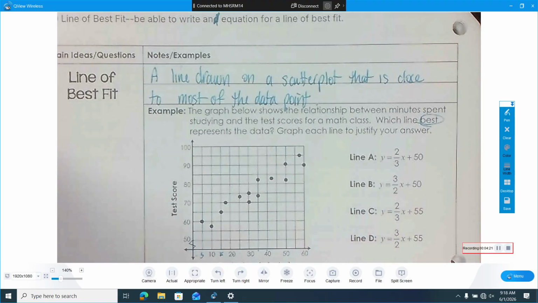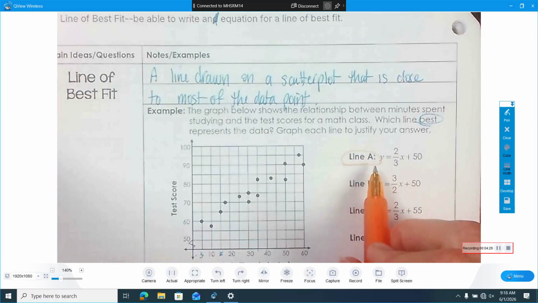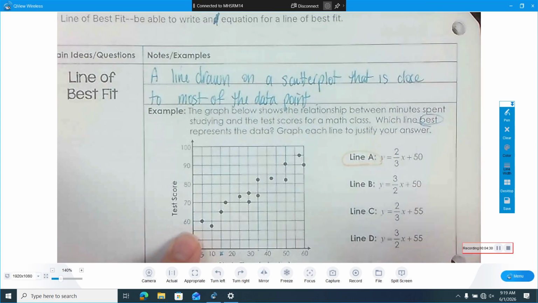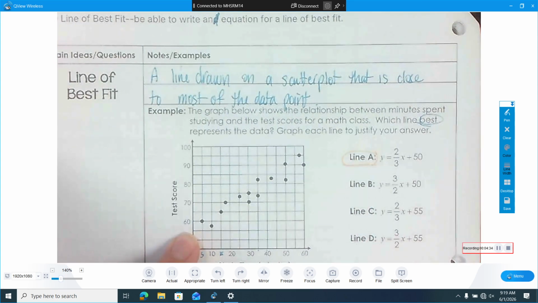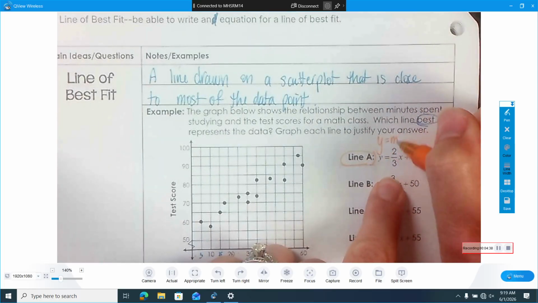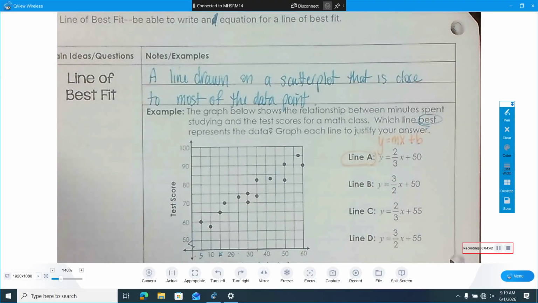So I'm going to graph line A here. So y equals 2/3 x plus 50. I don't know if you remember because it's been a while. This is a great topic to end on. This is in the form y equals mx plus b. Do you remember that?